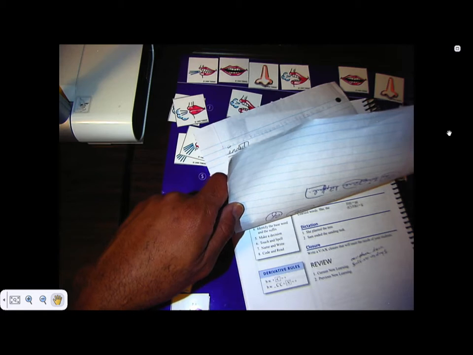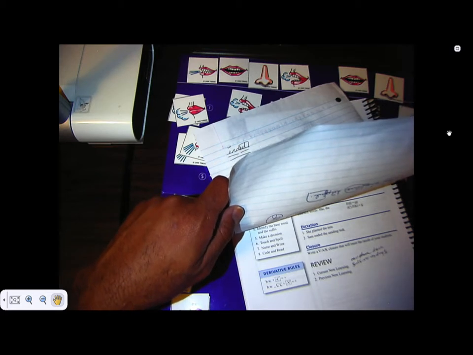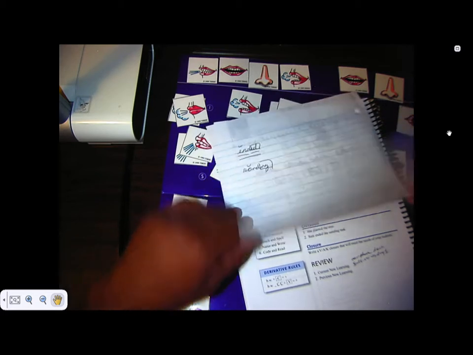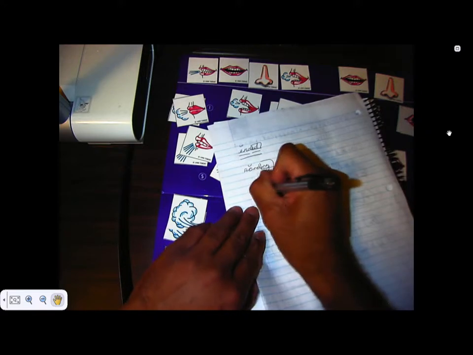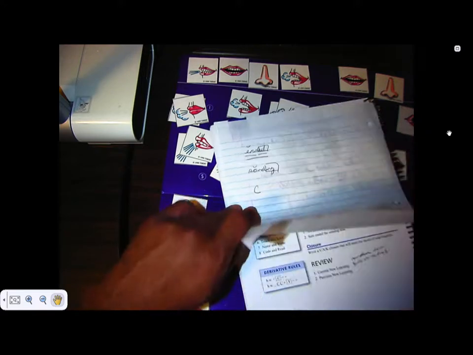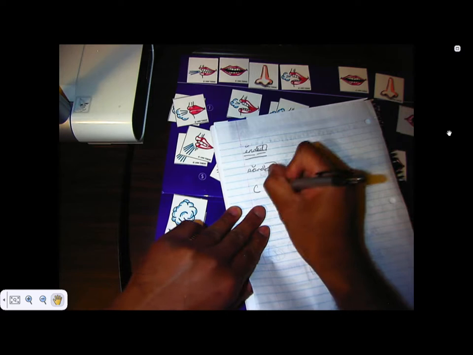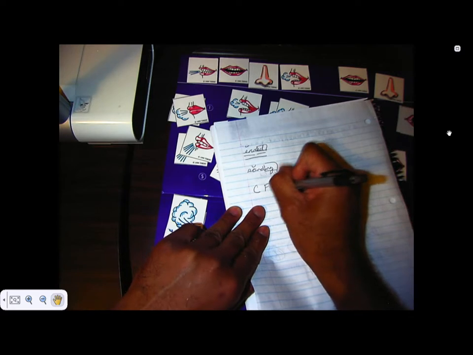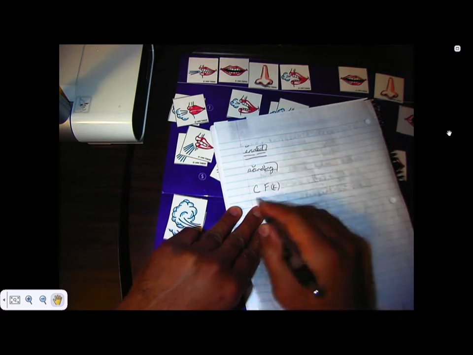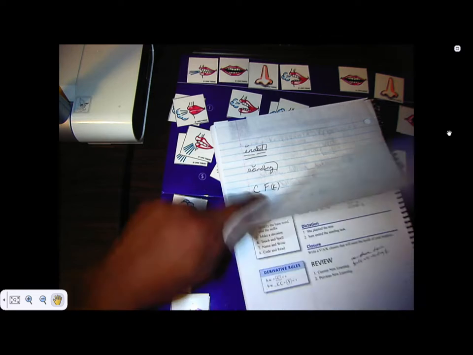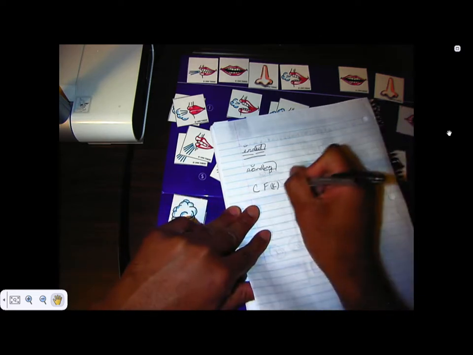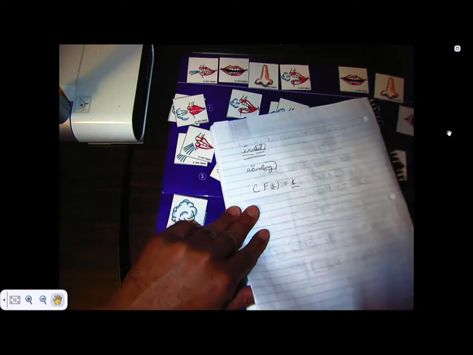So let's remember that if we have a consonant and we have the final k sound, that can be spelled with a K. Okay?